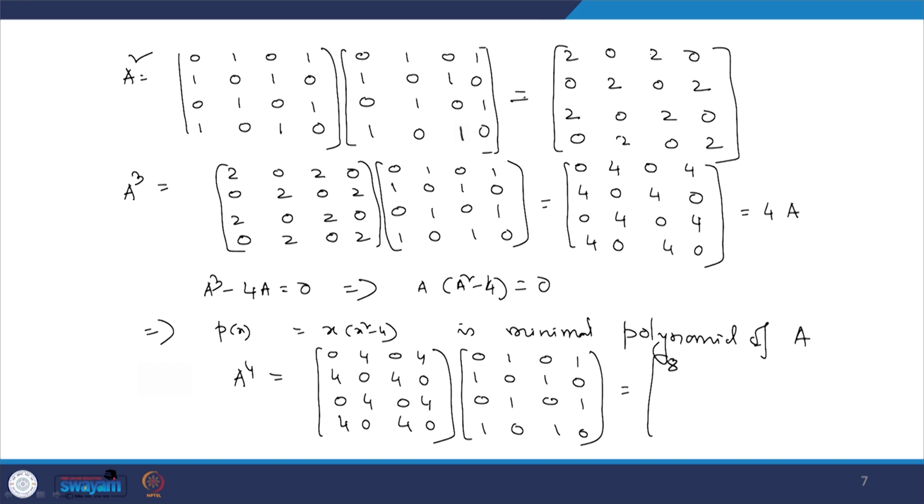First entry will be 8, second will be 0, then 8, 0, 0, 8, 0, 8, 8, 0, 8, 0, 0, 8, 0, 8. So, I will have a matrix like this. So, S square equal to this quantity. I can take the common 4.